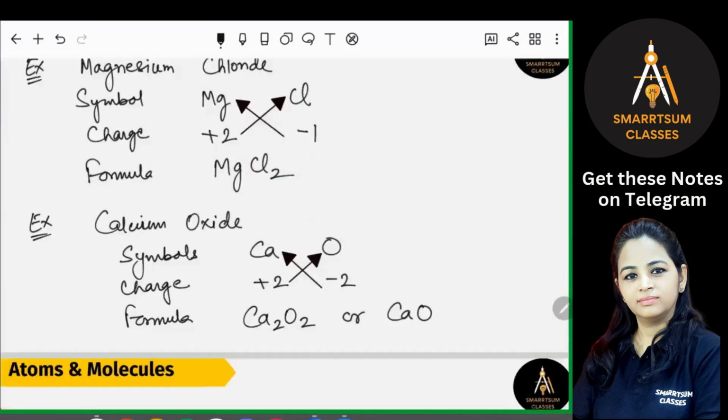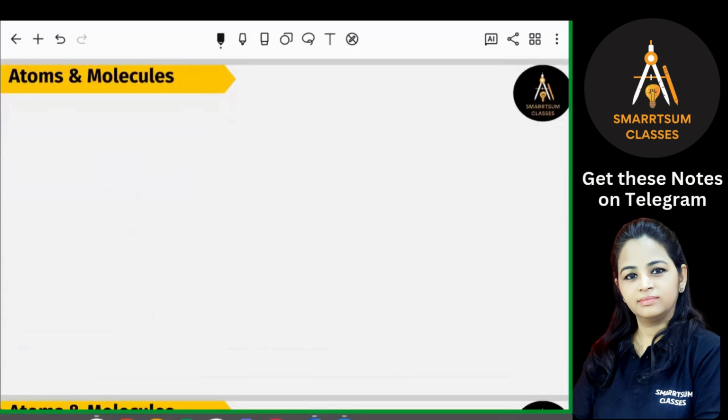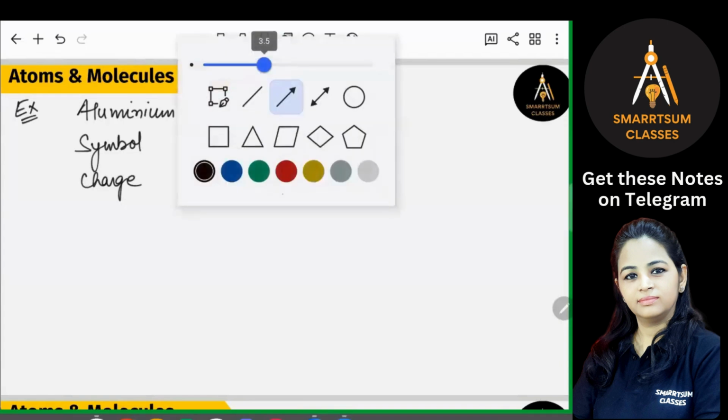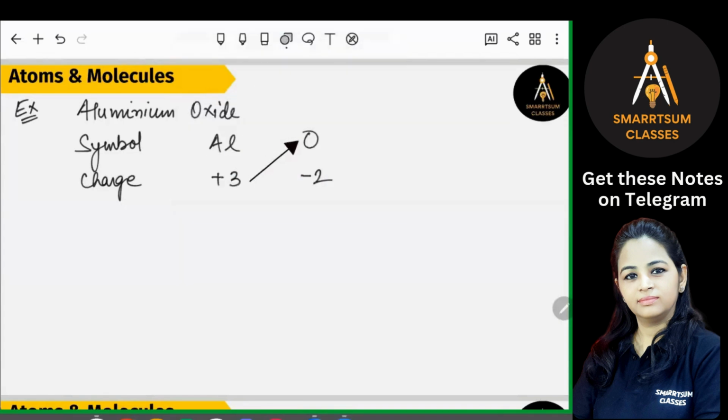Now let's see some more examples. Aluminium oxide. Symbol: aluminium Al, oxygen O, right? Now what are the charges on these? Charge on aluminium is +3 and oxygen is -2. These are the valencies, right? Now we can use the crisscross method to write down the formula.